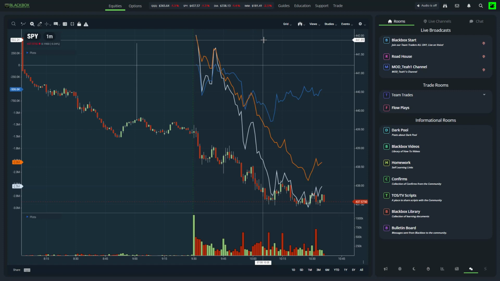Now, when you start seeing the blue line turn up, that means calls are being purchased. When you see the orange line turning up, that means puts are being sold. A lot of times you'll see the blue line stay flat and the orange line go up. That means they're probably just covering some of those puts that they made.